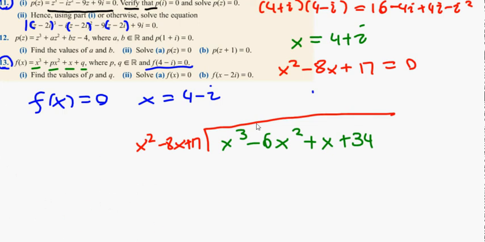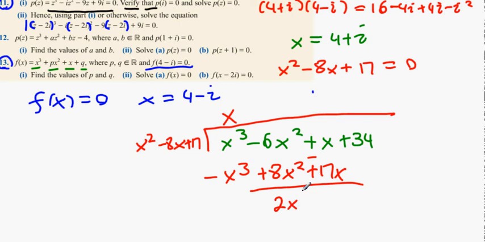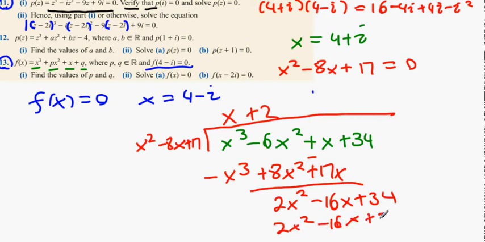Once we've done that, x goes in there, so it's going to be x cubed minus 8x squared plus 17x, because you're multiplying x by all of this here. Take them away, change the signs, and what you're left with is 2x squared minus 16x plus 34, and then that goes in twice to give us 2x squared minus 16x plus 34.